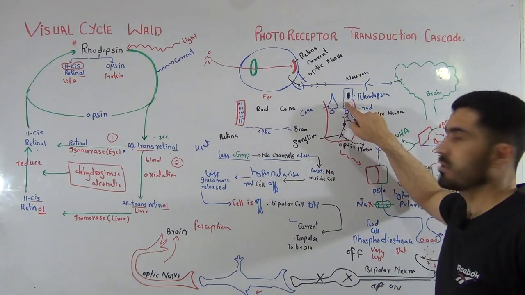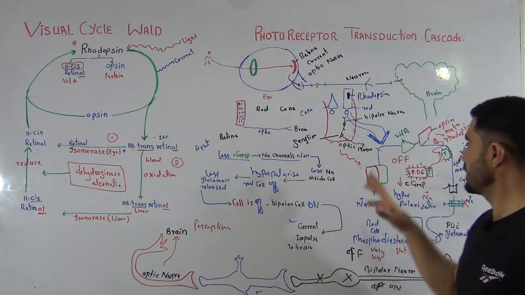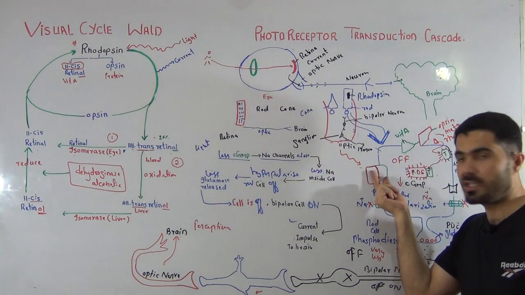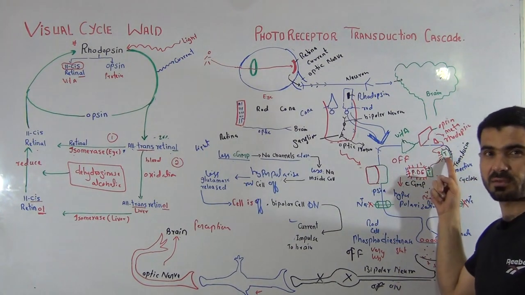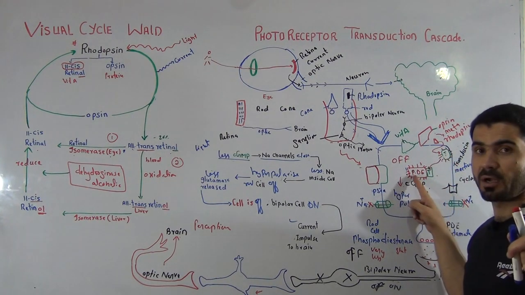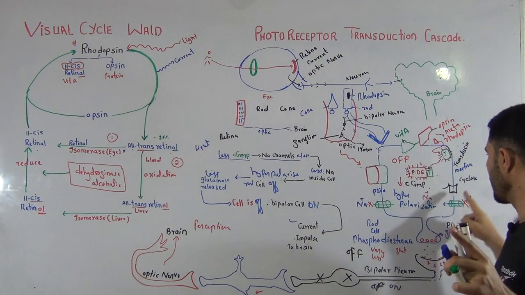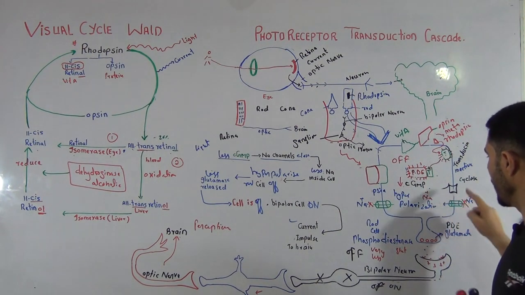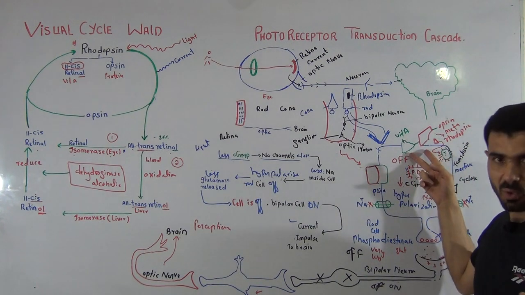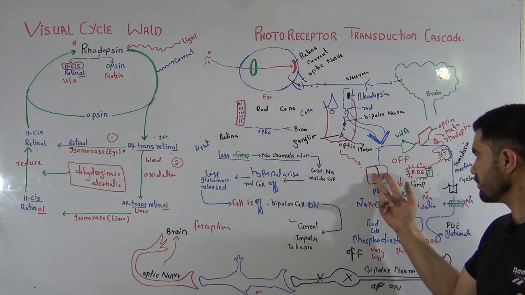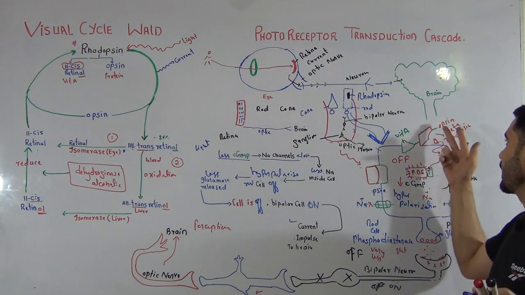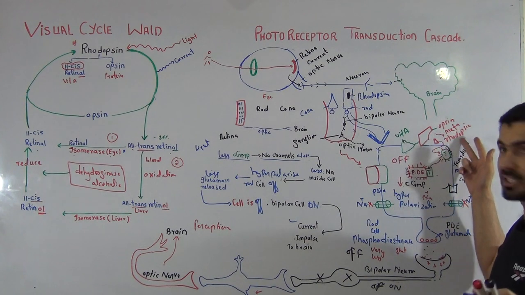Taking out the rod cell, we saw that inside it there is a special conjugated molecule called rhodopsin, another molecule called transducin, which is in inactive form, an enzyme called PDE, phosphodiesterase, a cyclase, and a sodium channel. When light falls, the rhodopsin is broken down into two pieces, vitamin A and opsin. Opsin is also called metarhodopsin.